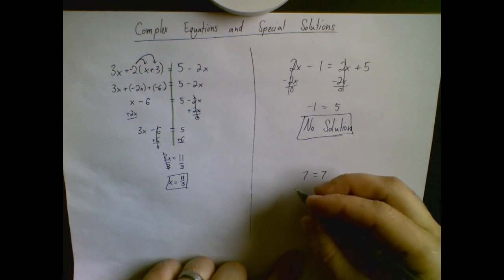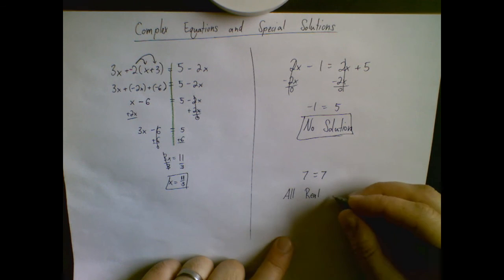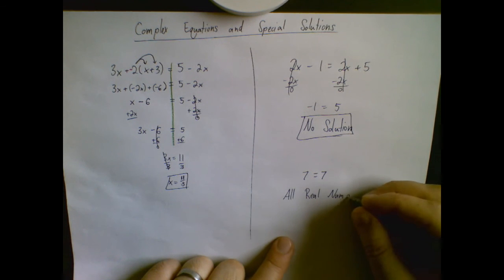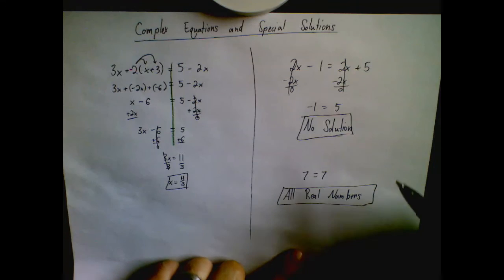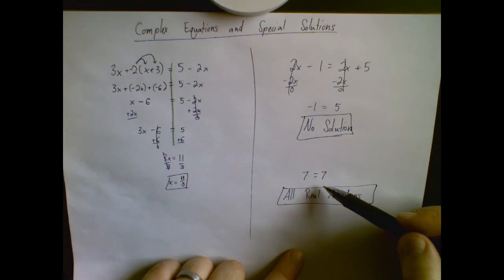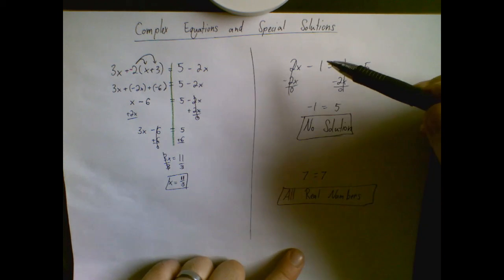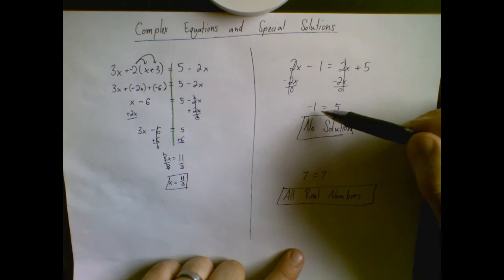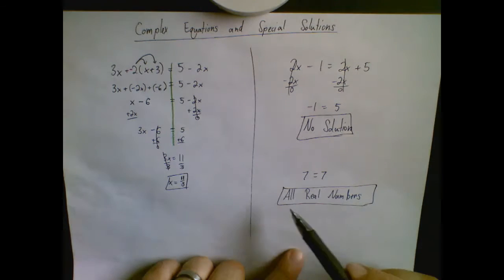In that case, you would write all real numbers, okay? And that would be your answer, which means no matter what number I plug in for x, 7's always going to equal 7. So this is kind of your trigger of special solutions. If there are no variables, stop what you're doing, see if it's true or false. If it's false, it's no solution. If it's true, it's all real numbers.